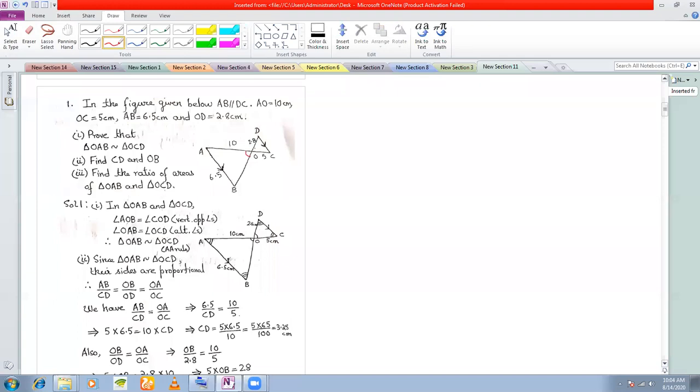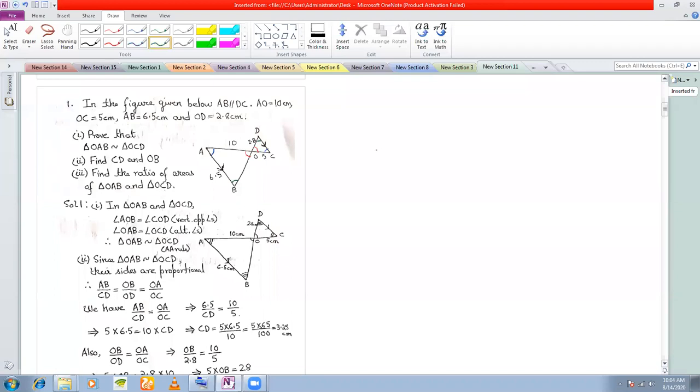So this angle is equal to this angle in these two triangles because they are vertically opposite. These two angles are equal because they are alternate angles. Therefore, two angles in two triangles are equal, and therefore they must be similar. Okay, and let us mark the third angle also. They are equal, so that I can write the proportional sides later on. So these angles are equal.